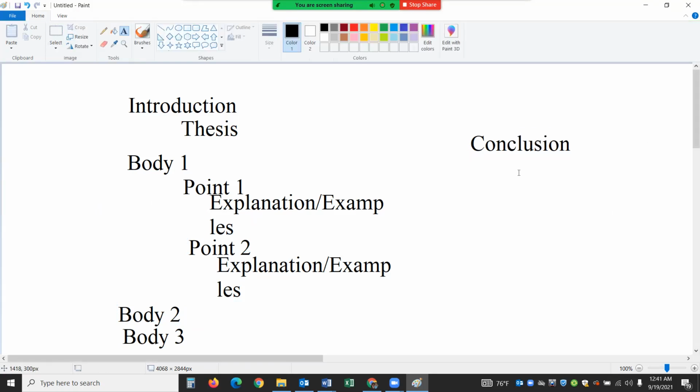All right. Now, let's talk for a moment really quickly about what goes in each of these. Again, your introduction does not just start off with, here's what I'm talking about, right? That would be the equivalent of walking up to someone who is in a totally different conversation and saying something totally off the wall that they don't even know why you're talking about it.